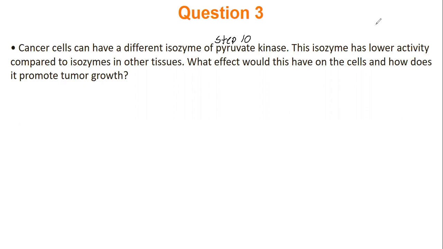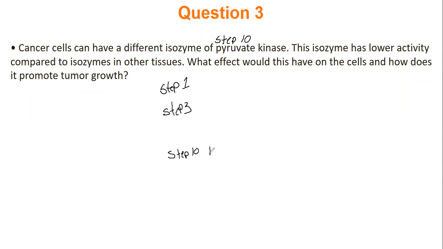Pyruvate is not an inhibitor of the pentose pathway. Good idea, but as far as I know, it is not. What happens? Let's think about this idea. Let's say in glycolysis, the steps that really matter for flux are step 1, step 3, and step 10.